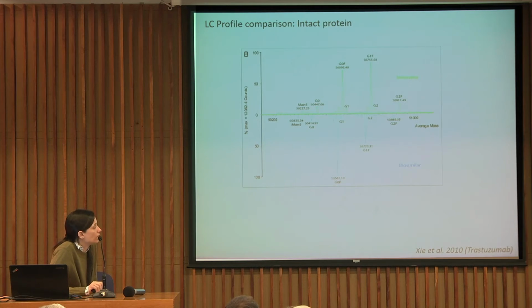This is an example for trastuzumab, which is a monoclonal antibody, and here we have the LC profile comparison of the intact protein. You can see that there is a shift in the mass between the innovator and the biosimilar. The biosimilar seems to be shifted in mass.